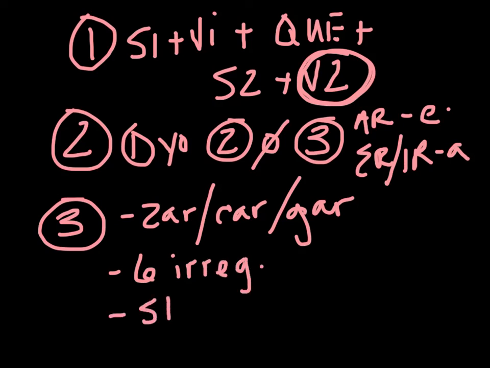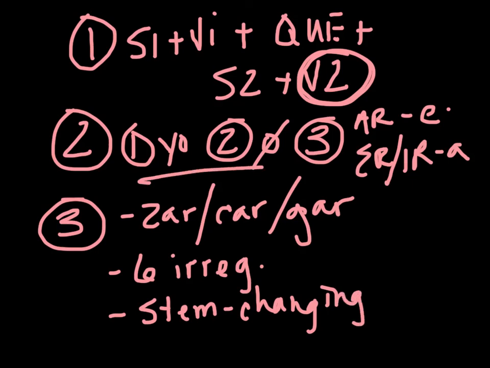And we have our stem changing verbs, where not only does the ending flip-flop, okay, but we also have changes at the beginning of the word. So our E's go to IE's or I's, and our O's go to UE's. So keep in mind that those are the 3 kinds of irregular verbs we'll run into in the subjunctive.